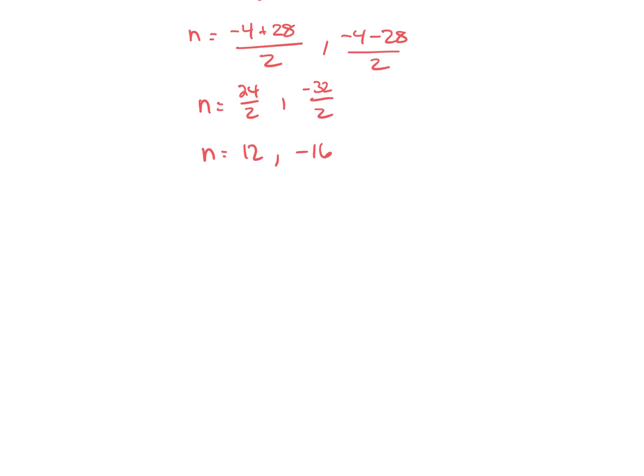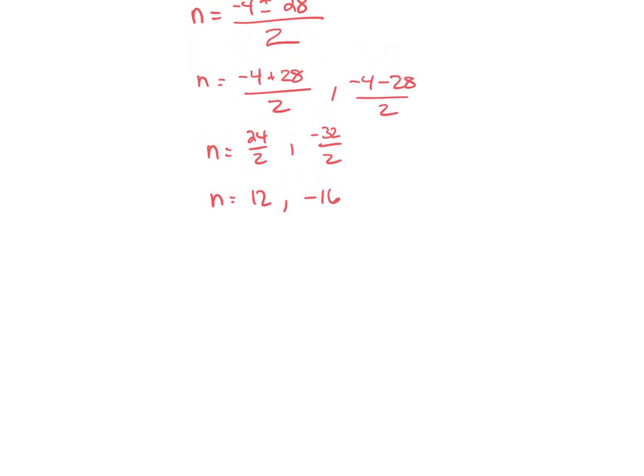So if our first number is 12, then our n plus 2 is 14, and our n plus 4 is 16. So that gives us the numbers 12, 14, and 16. And we get negative 16, negative 14, and negative 12. Bingo.